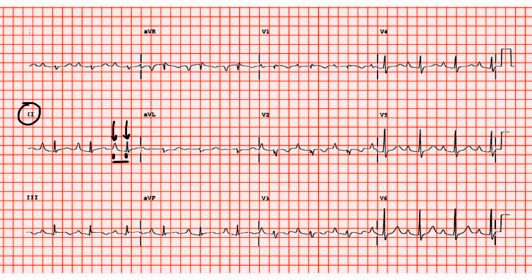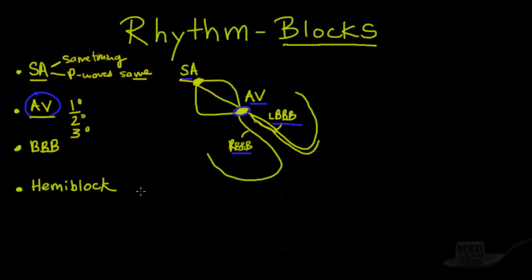Therefore, this is going to be a first degree AV block. So let's review. A first degree AV block is going to have a 0.20 second PR interval, or longer than a 0.2 second PR interval. And that's going to define our first degree AV block.